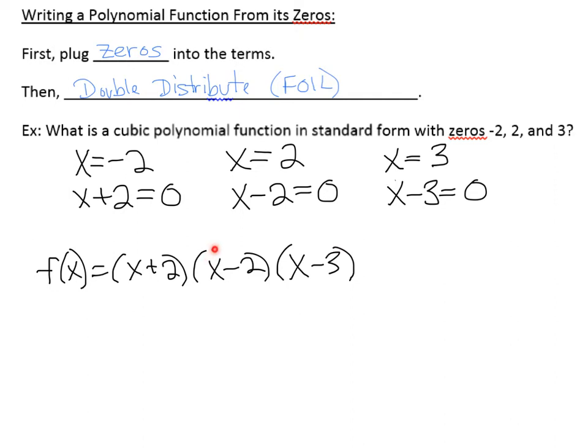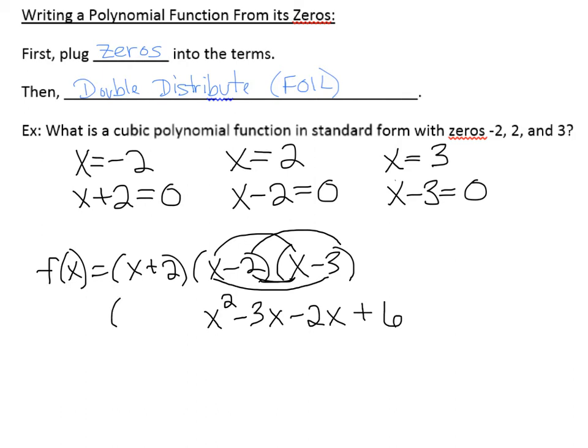So we're going to go first, x times x, which is x squared, outer, x times negative 3, which is negative 3x, inner, negative 2 times x is negative 2x, and our last term is negative 2 times negative 3, which is positive 6.